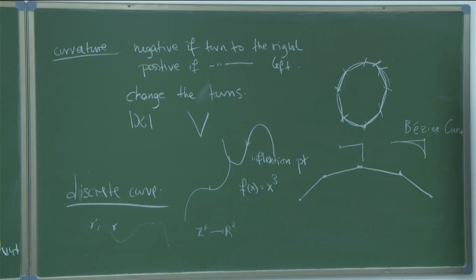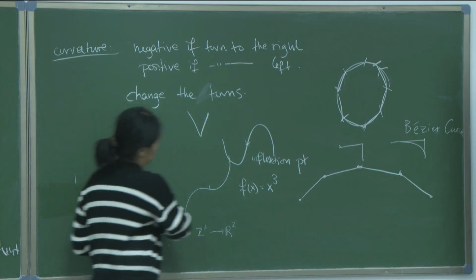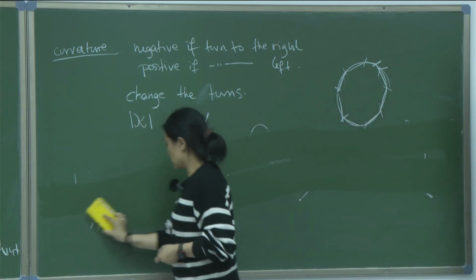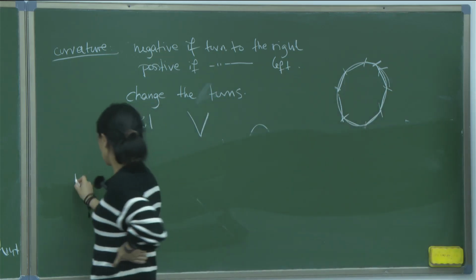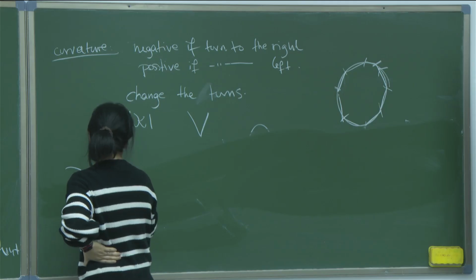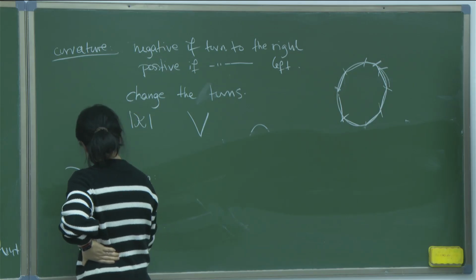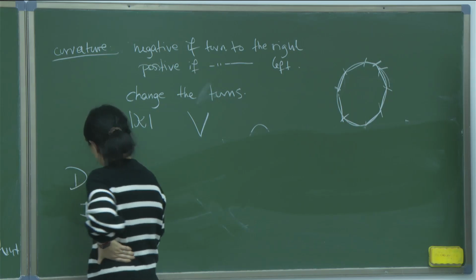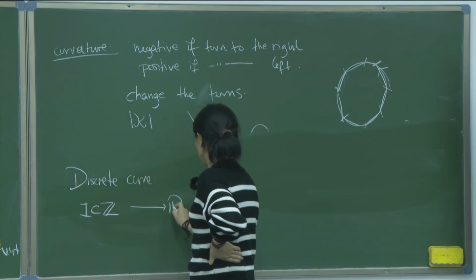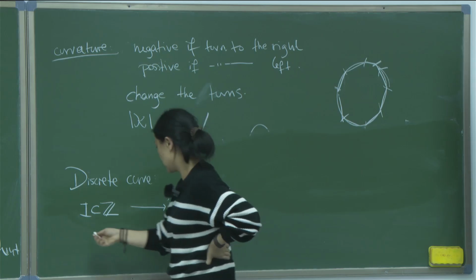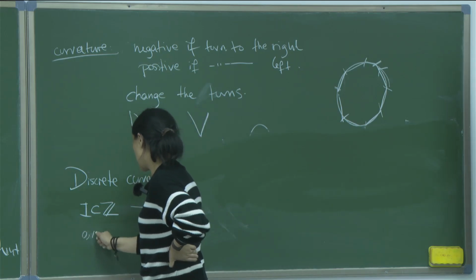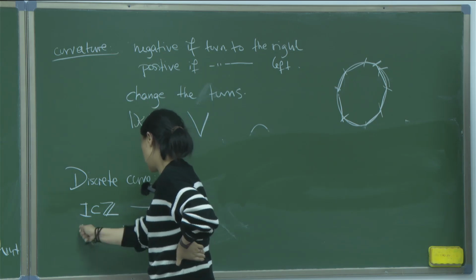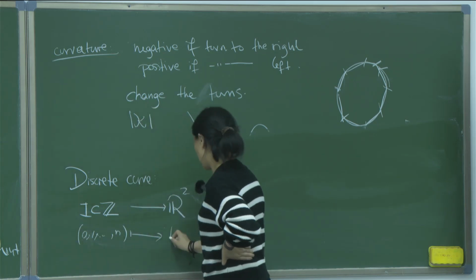So the discrete curve, let me just write it down. It's just a collection of points. Well, let's say 0, 1, 2, into R2.